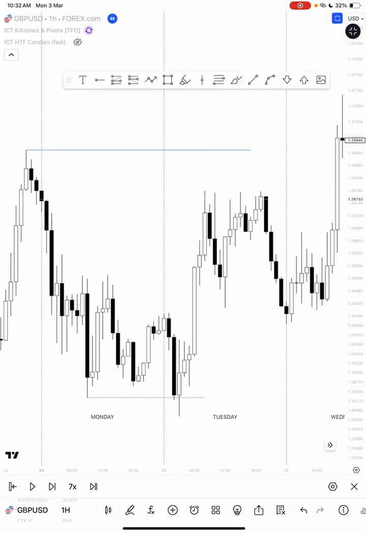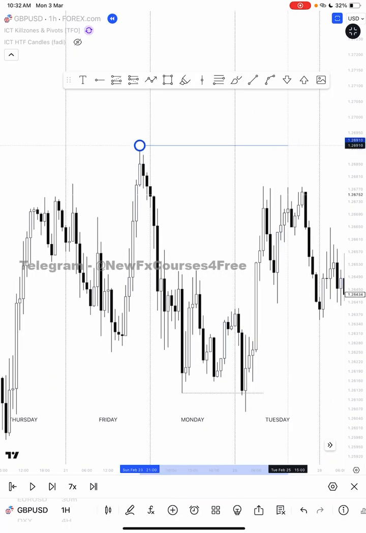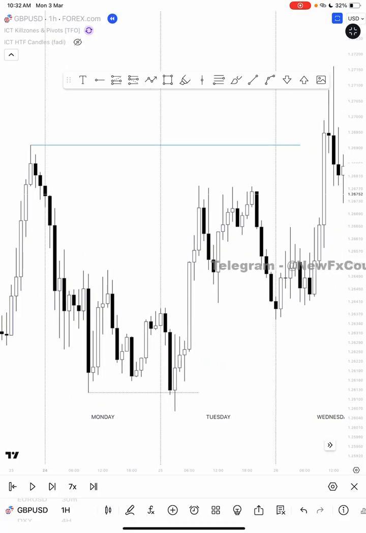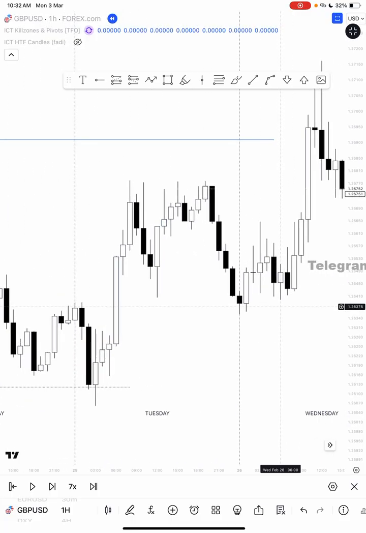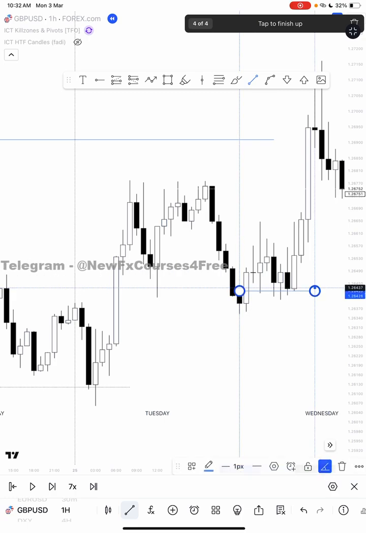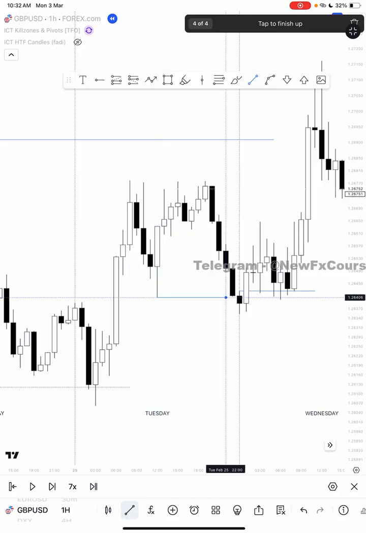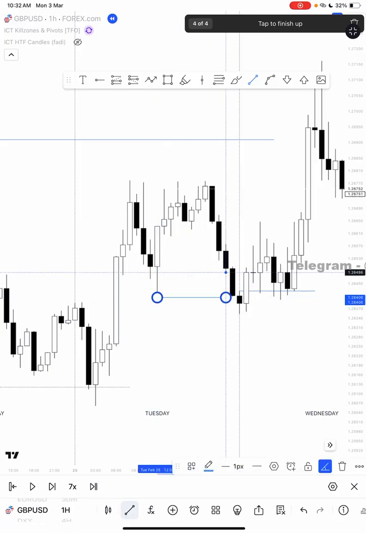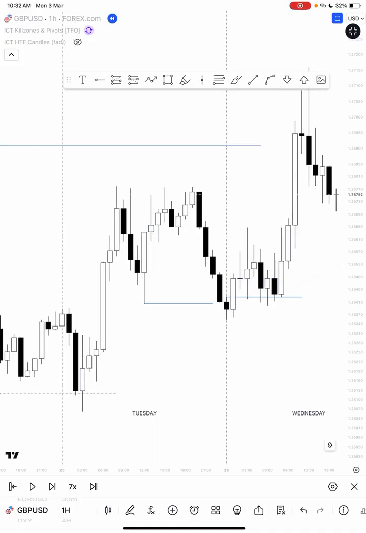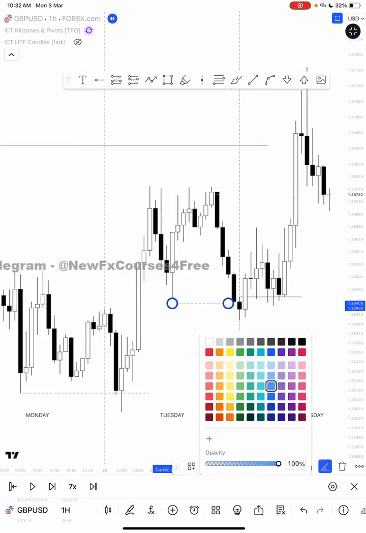So here we're bullish towards our Monday's high, our long-term draw on liquidity. Tuesday, the next day, we got a retracement into this order block, and this is a high probability order block because it swept liquidity, and it's on the discount or equilibrium of the range.